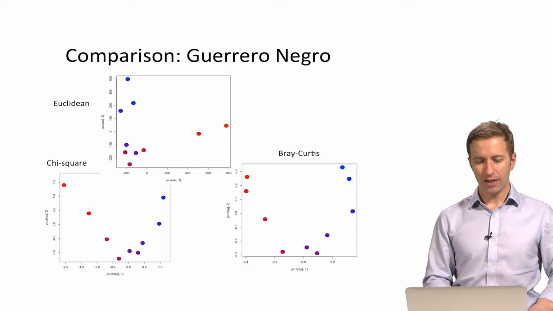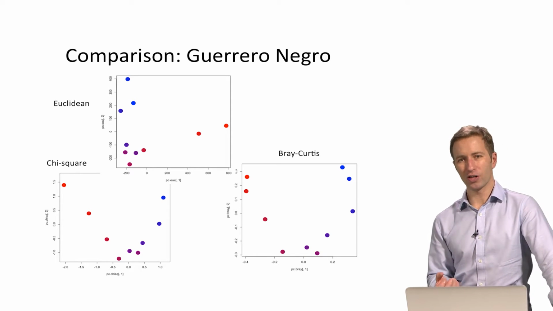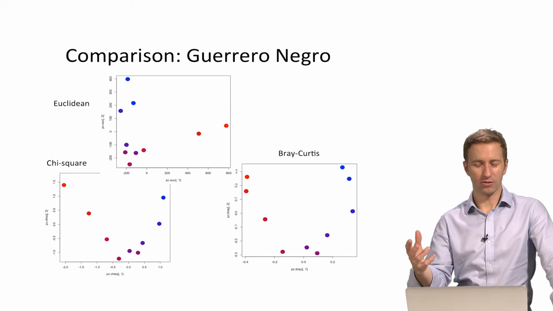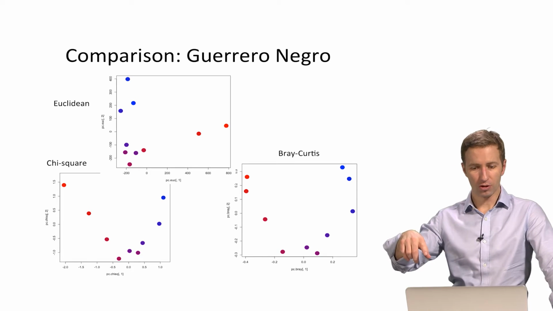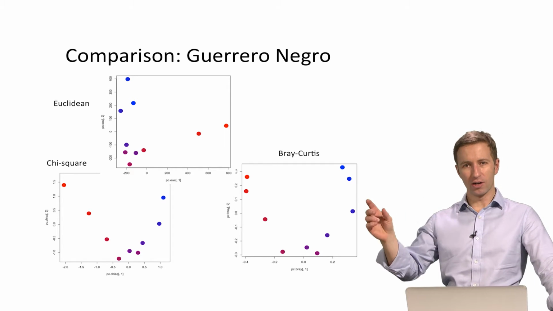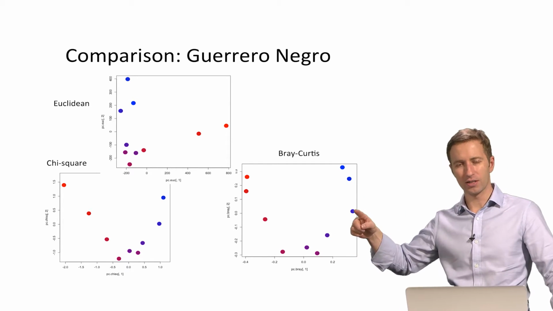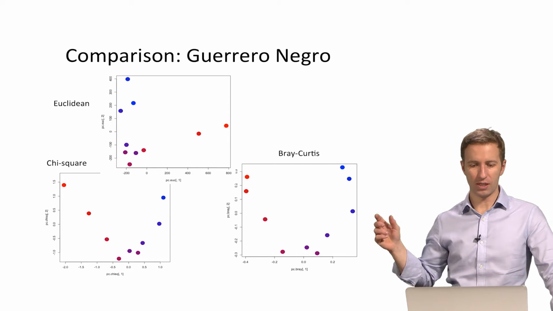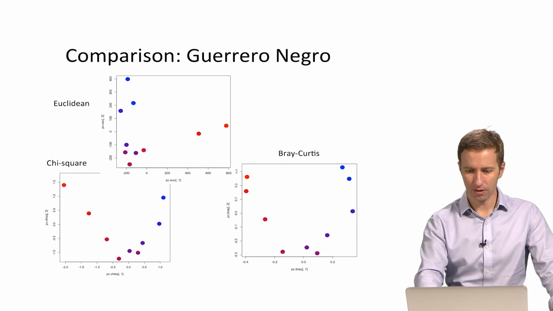But in all cases, when it does a good job of recovering it, it tends to have this very strong, what we call arch effect, or it's like an arch or a horseshoe shape. So sometimes it's an arch like you see in the chi-square distances here. Sometimes it actually curves back in on itself, which you see in the Bray-Curtis distances.